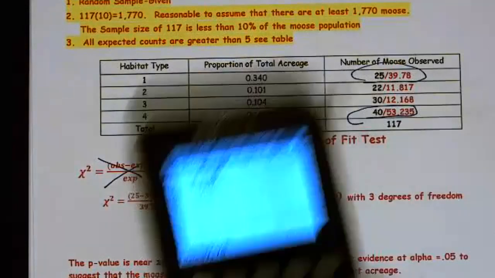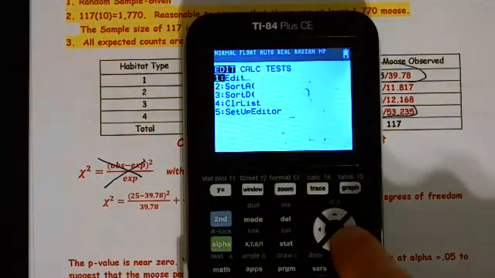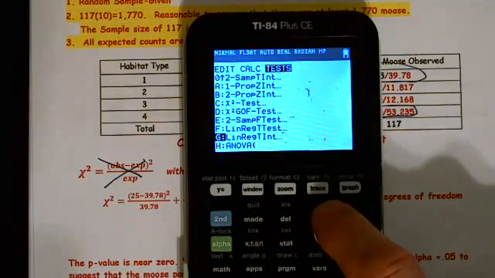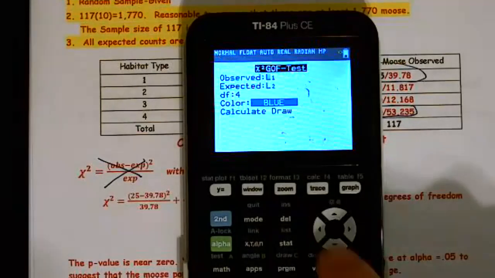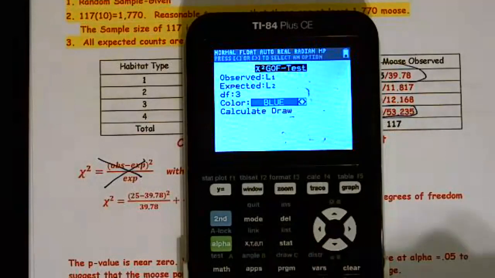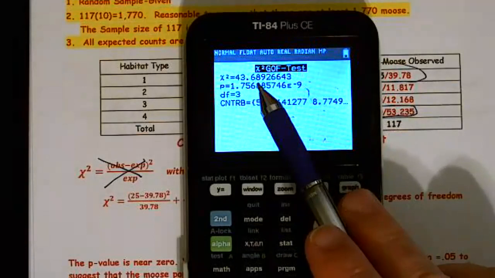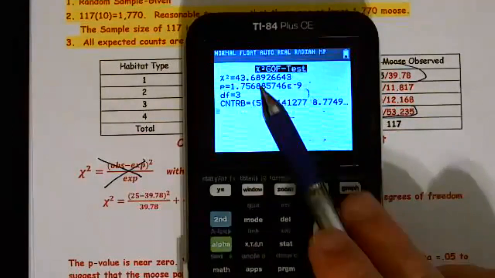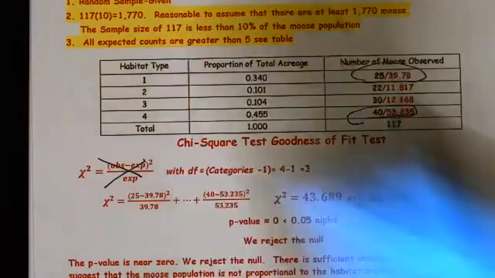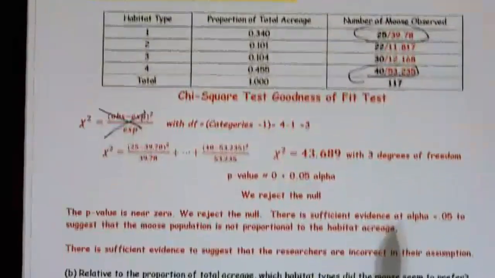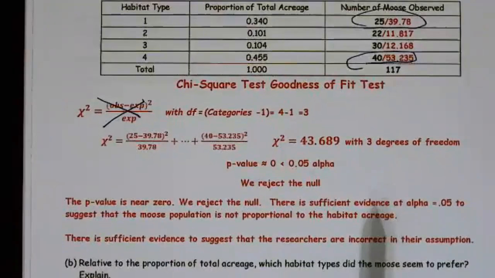All right, so how do I do this on a calculator? Stat, test, chi-squared goodness of fit. Degrees of freedom is 4 minus 1, which is 3. So I end up with a big chi-squared value and a very, very small p-value. When you have that low p-value, you're going to reject it.